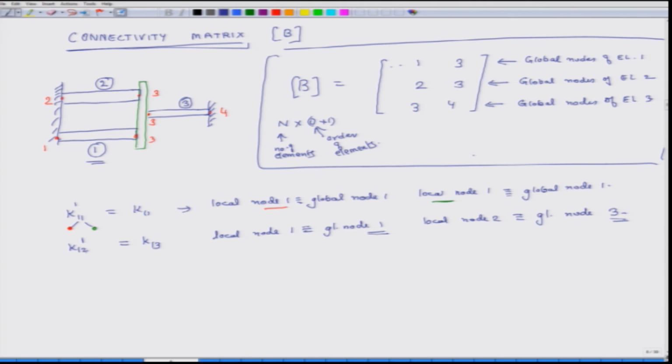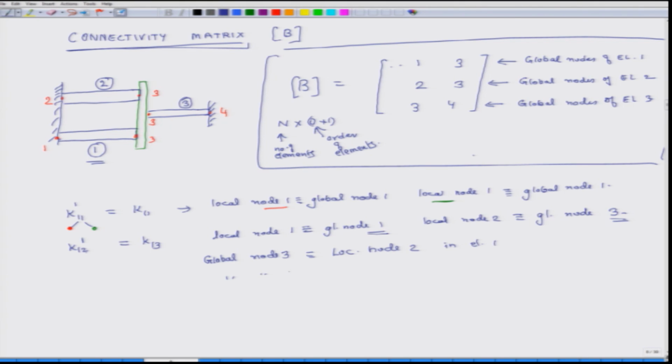So what does this mean? Global node 3 corresponds to local node 2 in element 1, agreed.